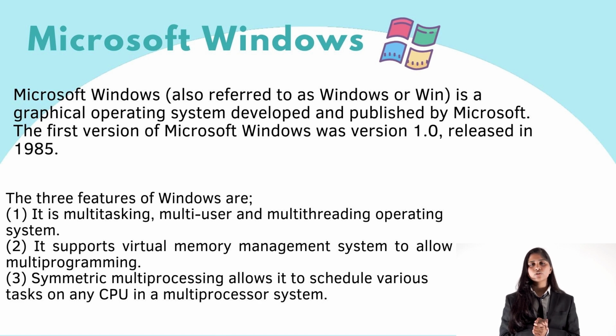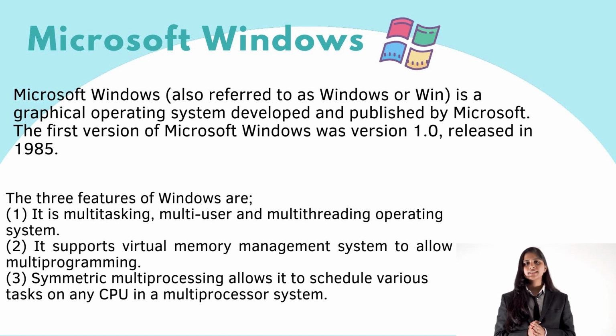The three features of Windows are: first, it is a multitasking, multi-user and multi-threading operating system. Secondly, it supports a virtual memory management system to allow multiple programming. Third, symmetric multiprocessing allows it to schedule various tasks on any CPU in a multiprocessor system.